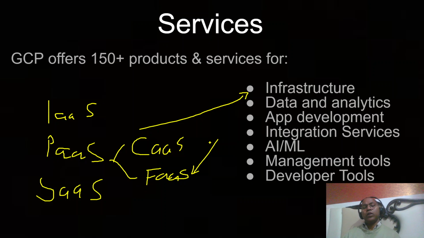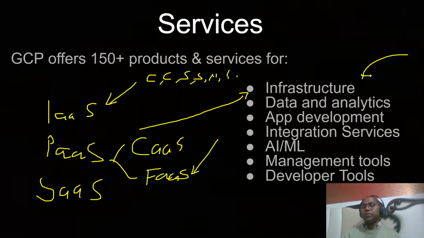Similarly, GCP also offers infrastructure as a service. That means all the computers, servers, memory, storage, networking, power, cooling, whatever basic infrastructure is required for running any software application, is offered by GCP as well.